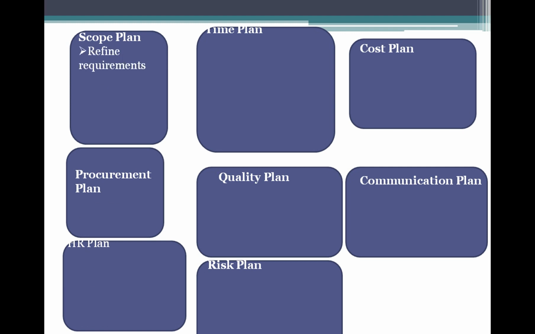So that is the refined requirements. In this process, collecting requirements, we do all these things to collect and define the requirements and document them in the requirements traceability matrix, so that we can track the requirements through the entire project.